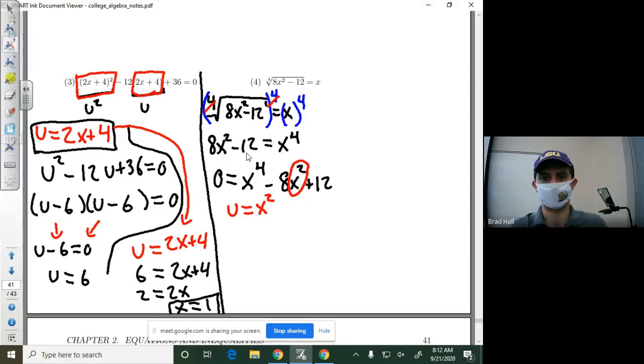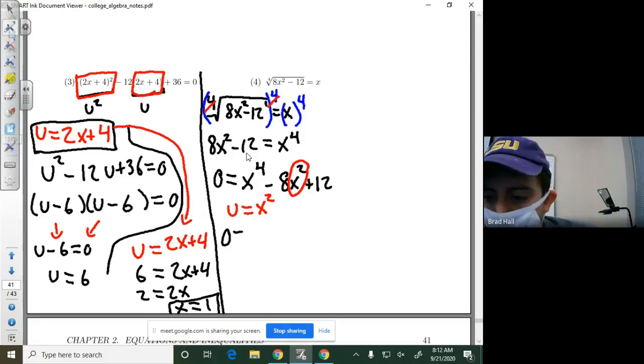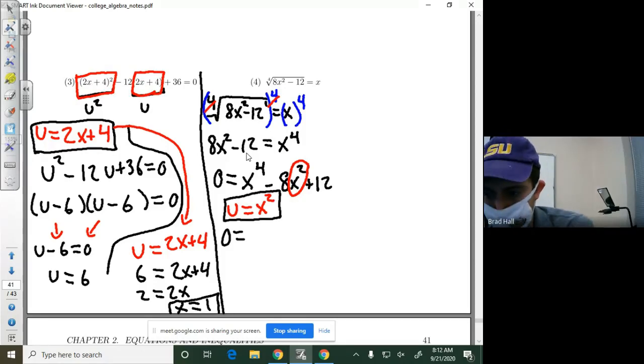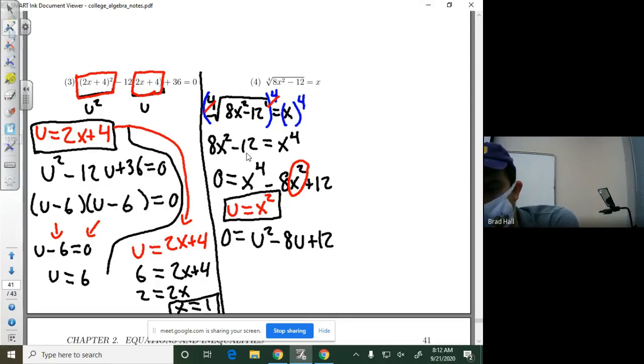So we have a good representation. Here's the rule, we'll use that later. Now x to the 4th becomes U squared minus 8U plus 12. It allows us to break a larger non-quadratic equation down into a quadratic equation by using U substitution. The convenient thing is we can just factor.